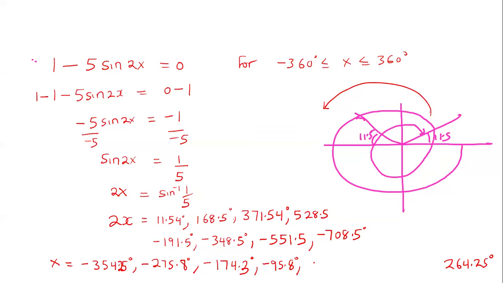We have 168.5 divided by 2. It gives us 84.25. Then we have 371.54 divided by 2.